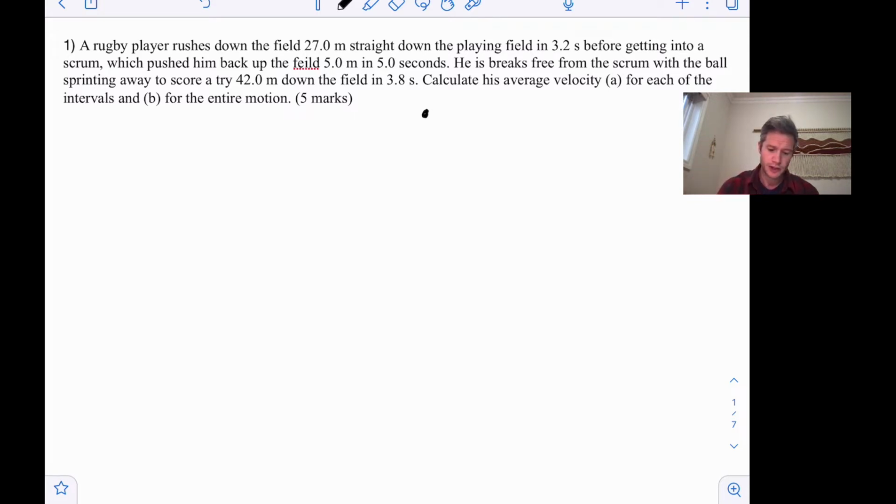So I'm going to start at this point, and I'm going to say straight down the field is in this positive direction here. I'm going to determine that that's positive, so that's the first one. It's positive over here, negative that way. So from there, I know that went 27 meters, and the time for that is 3.2.